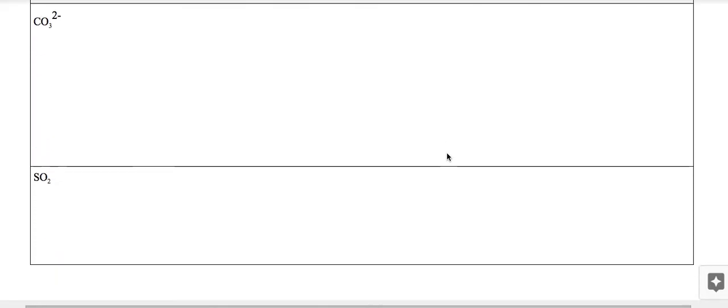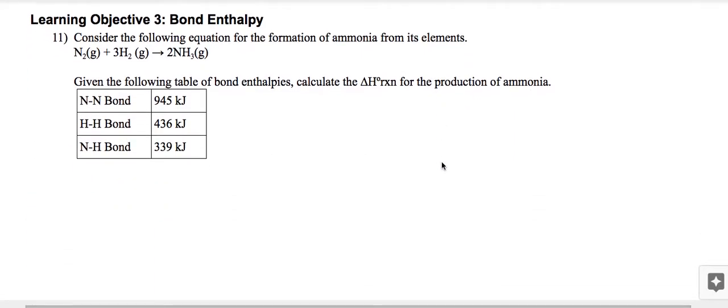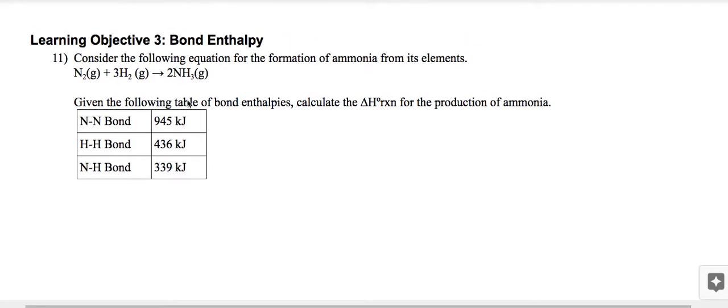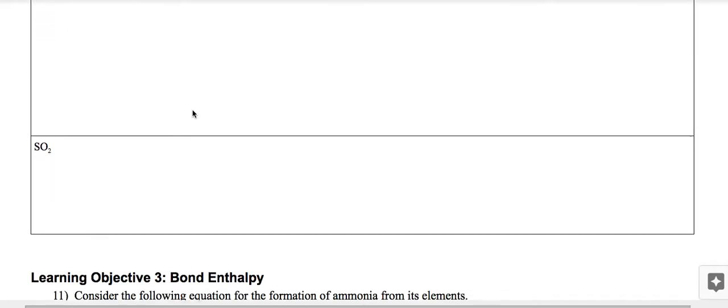All right. Oh dear, there's a bunch of them. Let's go ahead and move on. If after doing all of the work on this already, you need some additional help with carbonate and sulfur dioxide, feel free to come in and I'll work with you on those.